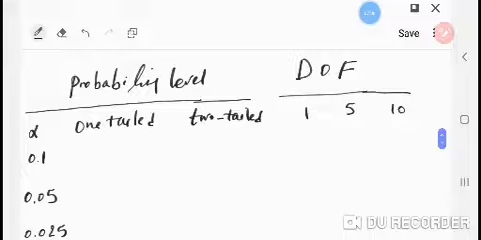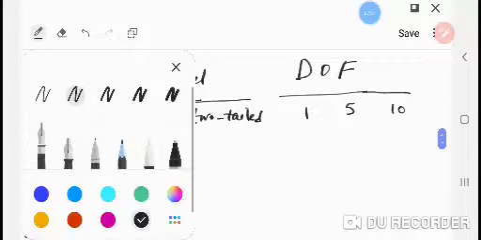In a one-tailed test, the probability level is 10%, and that means the confidence of 90%.